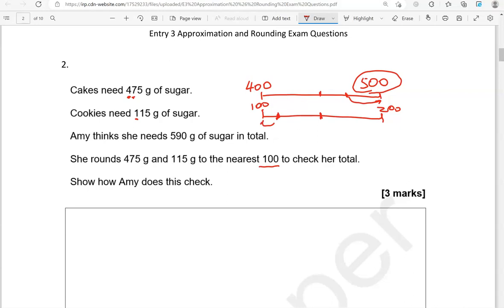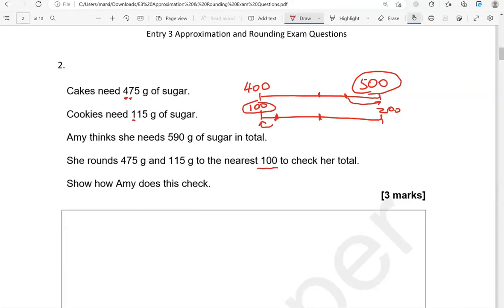So that is very close to 100. That's why we're going to round it to 100. Also, if we look at the digit on the right of the hundreds, we've got a 1 there. So that's why we're going to round down. So we've got 500 and 100, which when added together they make 600, which is very close to 590. So that shows that Amy has done the calculation correctly.